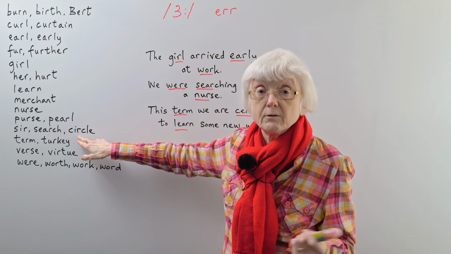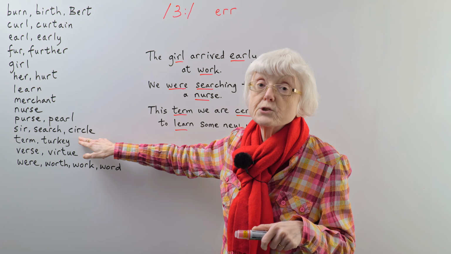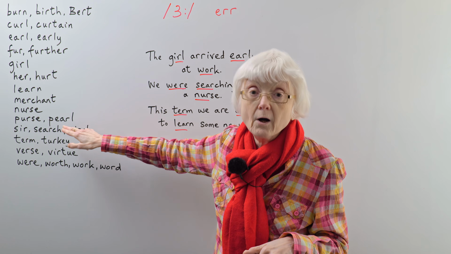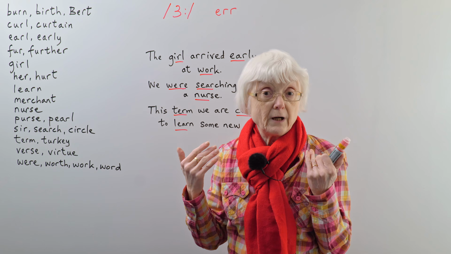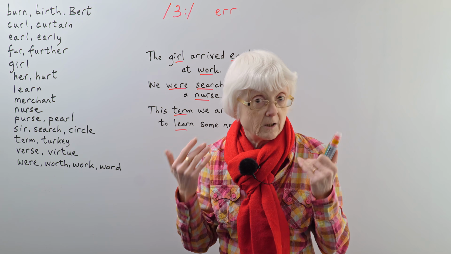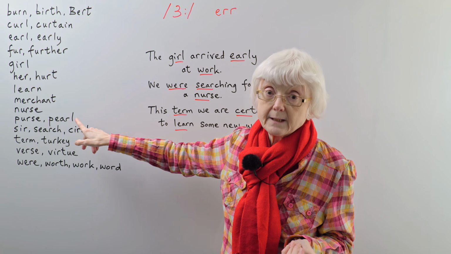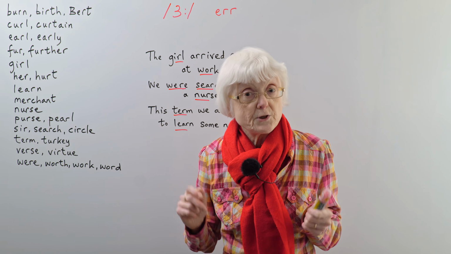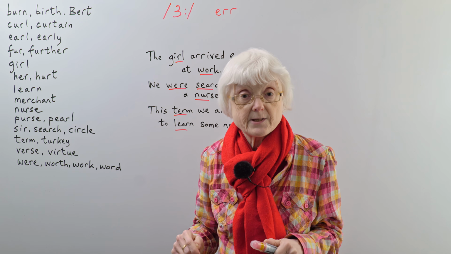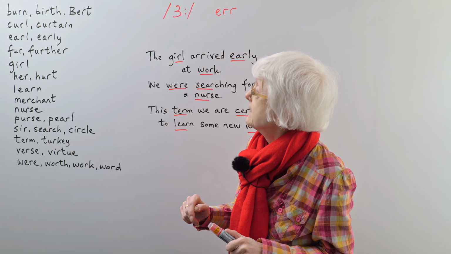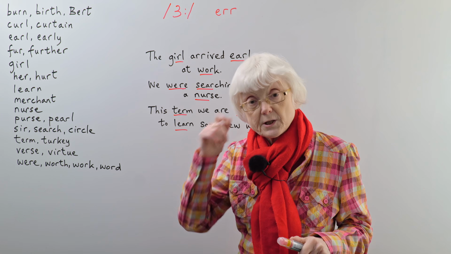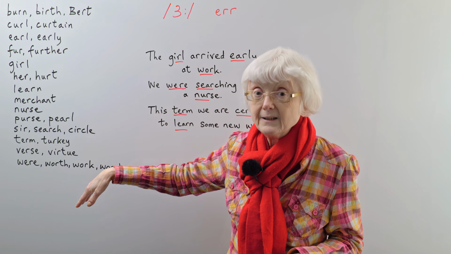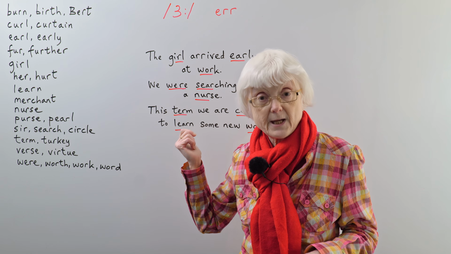But for UK English, it's just circle and pearl, and it's just an open vowel sound without any R. The R is in the spelling, but it's not in the pronunciation if you want to do a UK English accent.